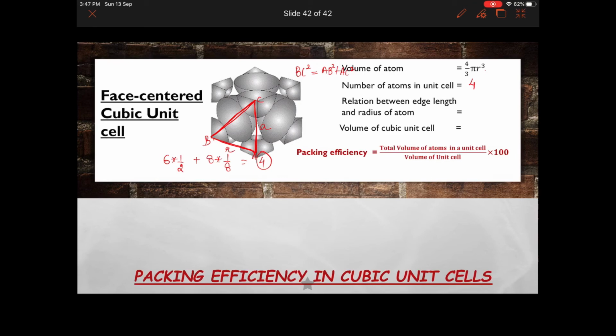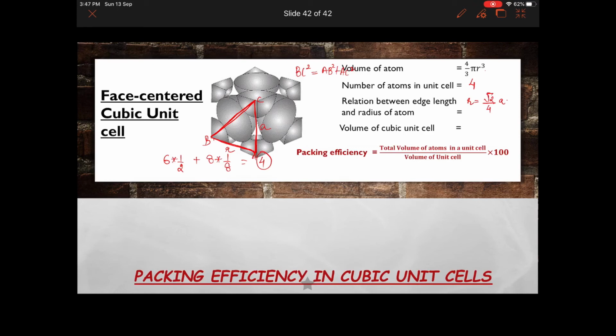I just write it down over here, wherein you found out that this is nothing but R is equals to root 2 by 4A.